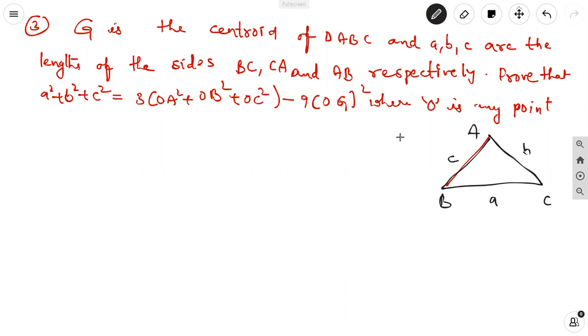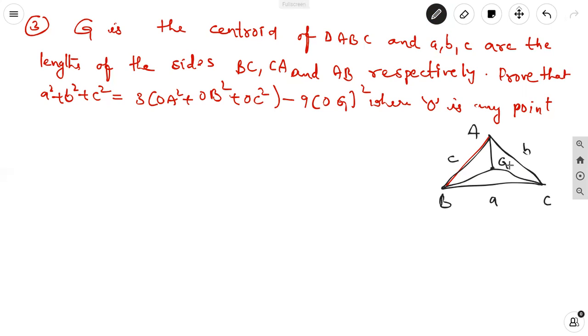Those are constants only, not vectors. Why? Because the magnitude means the length of the sides only. Prove that, here O is any point and G is the centroid. G is the centroid means from the point O we have OA, OB and OC.